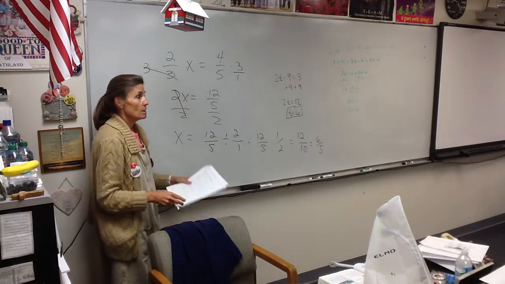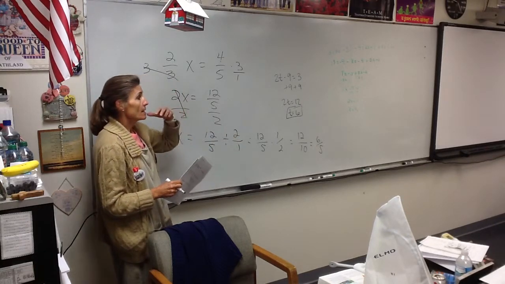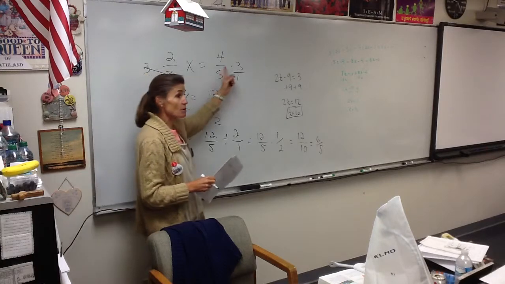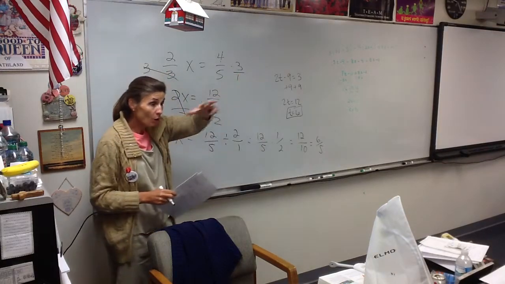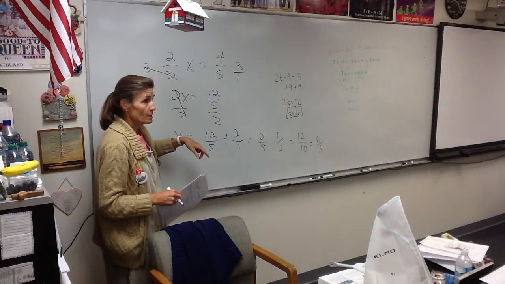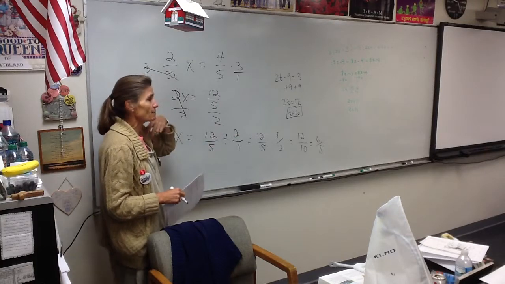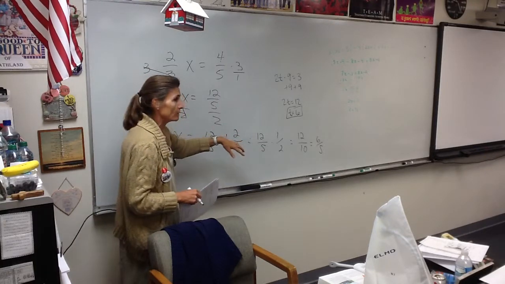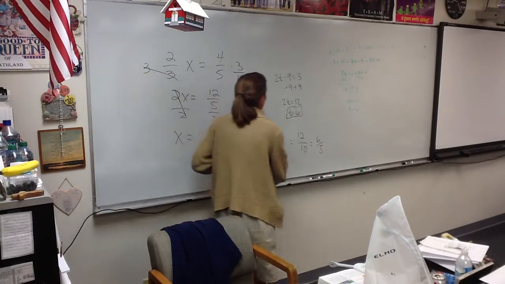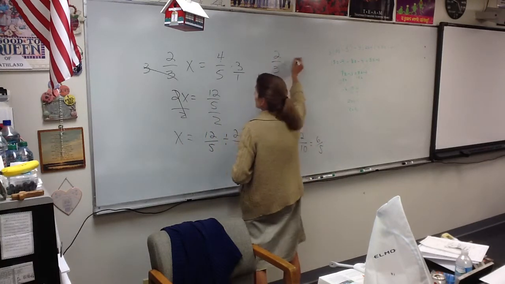Now, one option. If I found this equation laying out in the hallway, this is not what I would do. Did it work? Absolutely. Will it always work? Absolutely, but I'm too lazy. That's too much work.